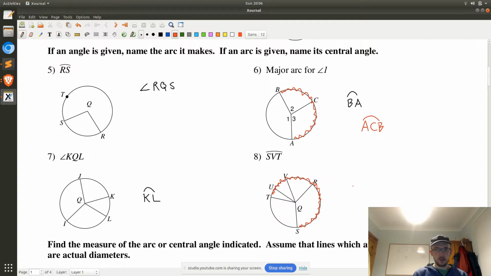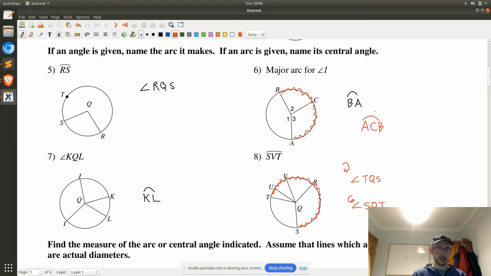So I suppose, if you go clockwise, it would be angle TQS. But if you name things counterclockwise, it would be the reverse. And we check. Okay, we're in agreement there.